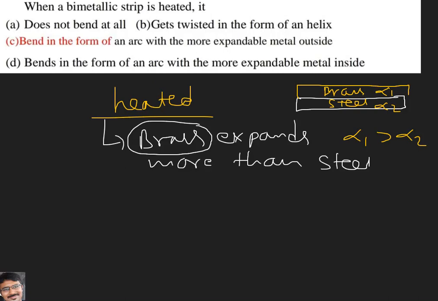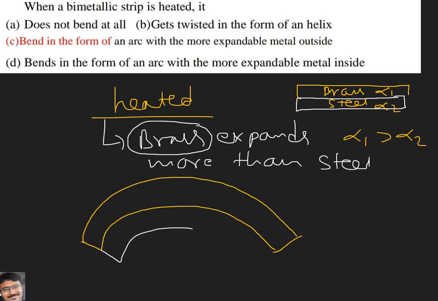The shape we observe in this situation is like this. Brass expands more than steel, so we observe this nature. So the outer one is what? Brass, and the inner one is what?